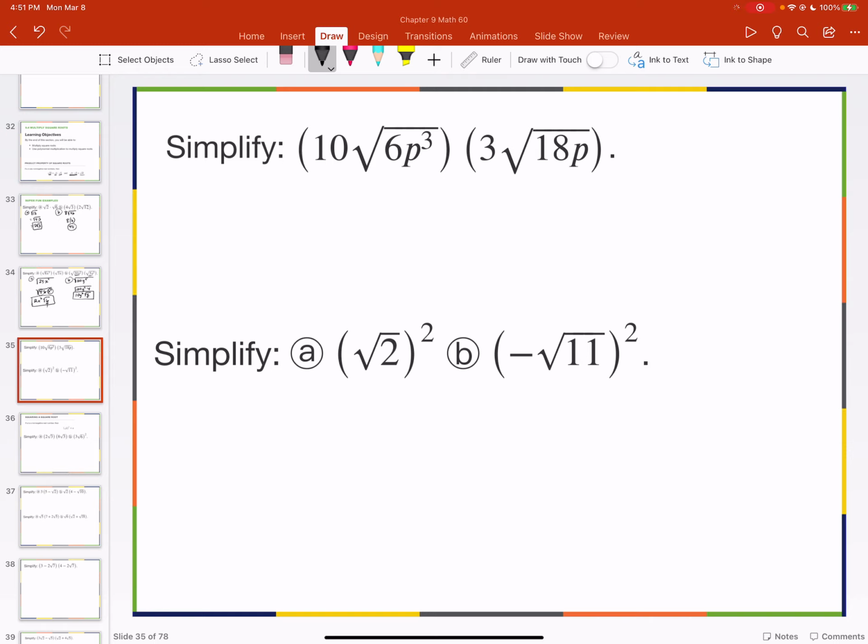So here, this one would have 30. We multiply this part. Then this part here, we have 6 times 18, p to the power 4. So we have 108 times p to the power 4. Now, we didn't have to write times, it's just p to the power 4. Now, 108 is 36 times 3, yeah?